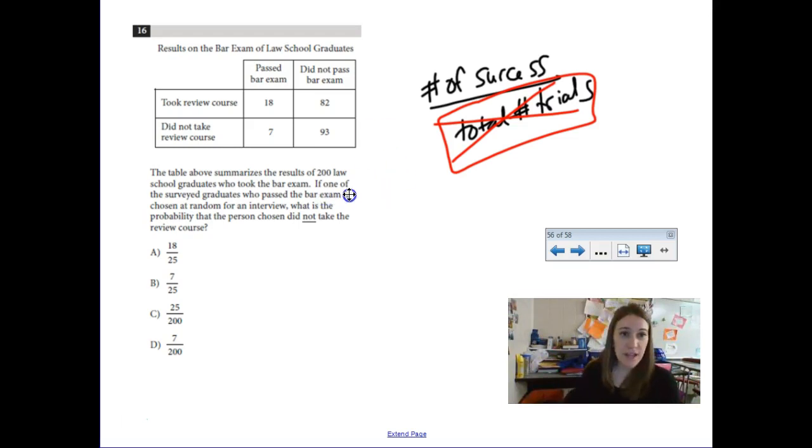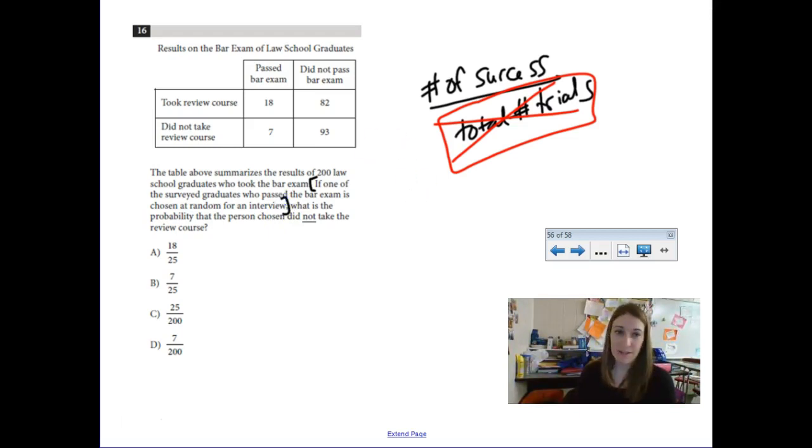So this question says, what is the probability that a person chosen did not take the review course? Oh, I got to read a little better. All right, if one of the surveyed graduates who passed the bar exam is chosen at random, what's the probability that they did not take the review course? So this first part, if one of the surveyed graduates passed the bar exam, that's the given component of the probability.